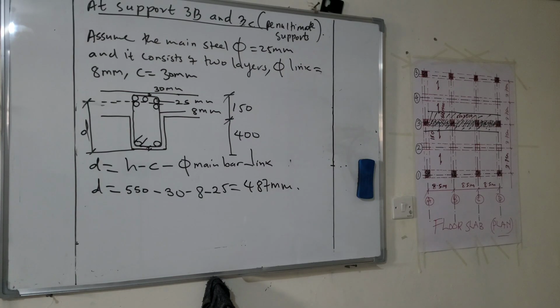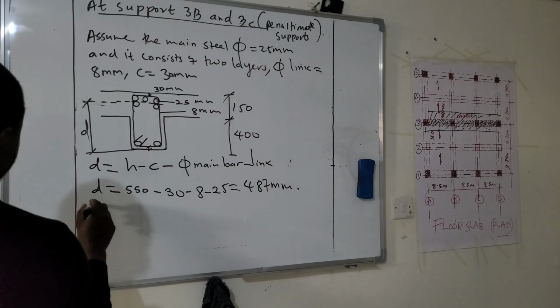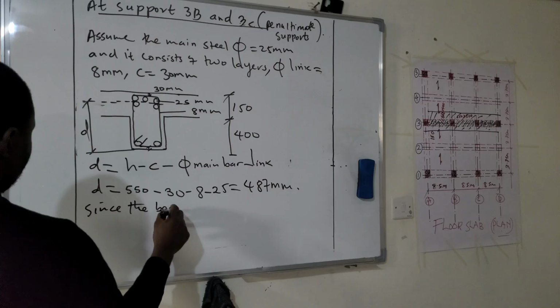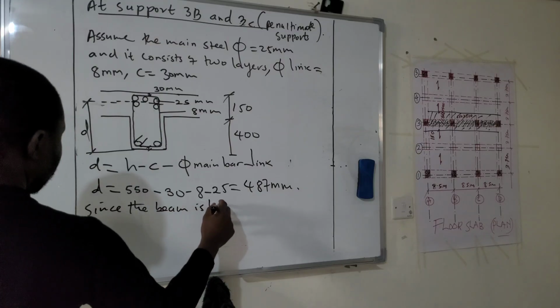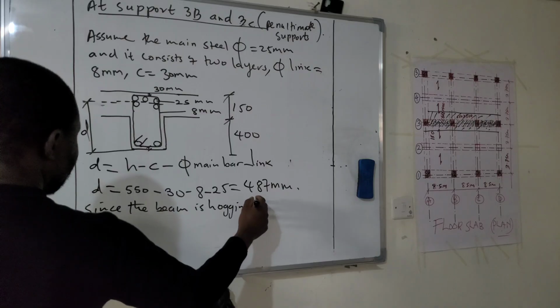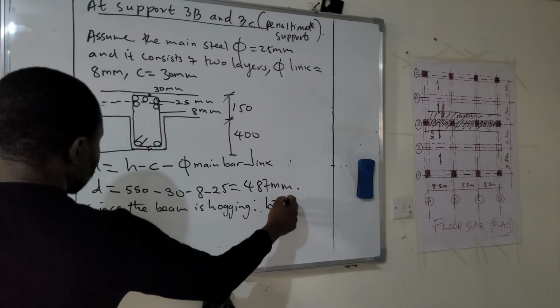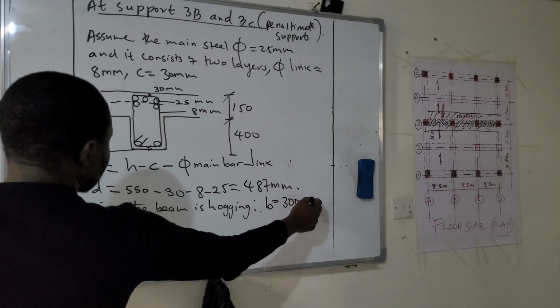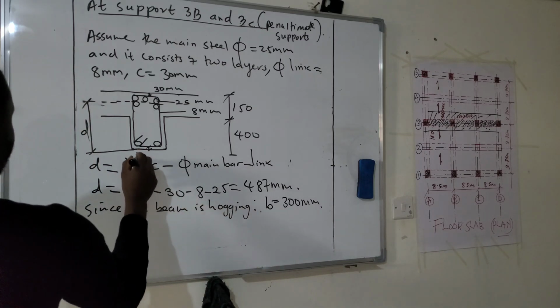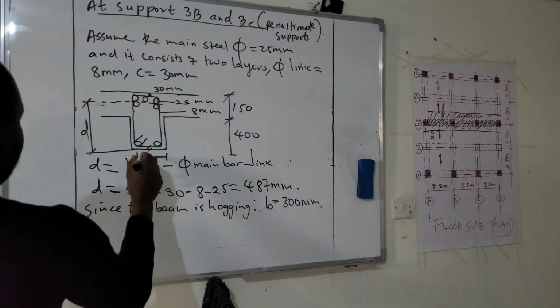So since the beam is hogging at the support, therefore B is equal to 300 millimeter. So B is the thickness of the beam.